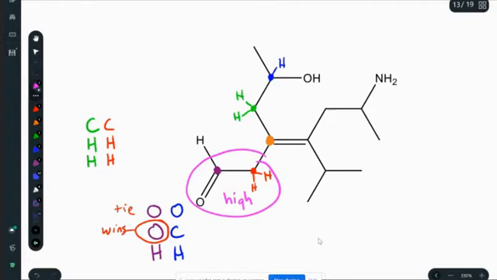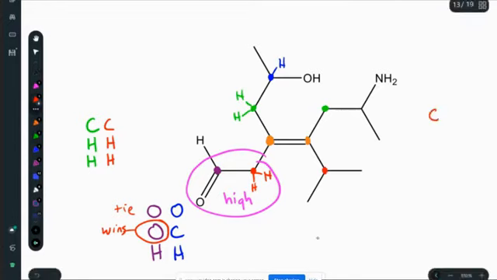Now I'm going to have to go over to the carbon on the right side and go through the same process. So I compare my groups. I'm out of color, so I'm going to have to recycle my colors on this side. I'll go with green here. That's a carbon. I'll go with red down here. That's also a carbon, so that's a tie. I've got to look at what they're bonded to.